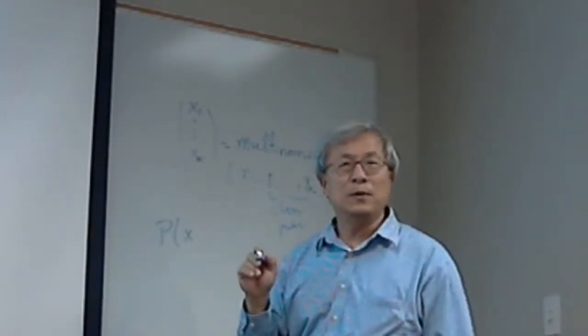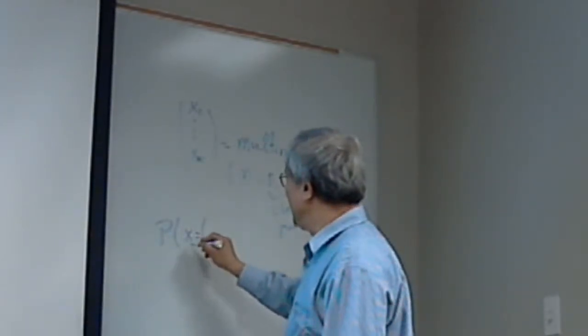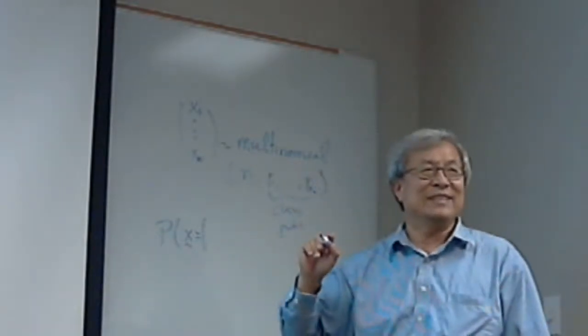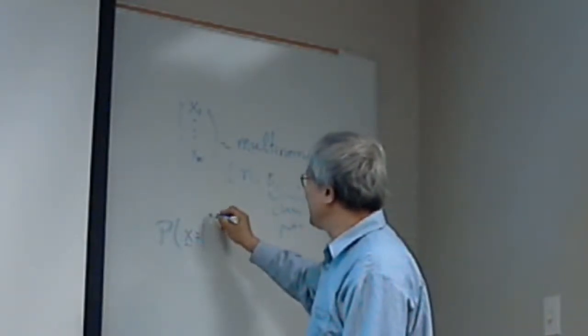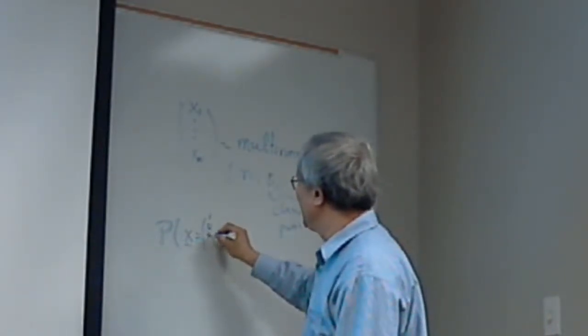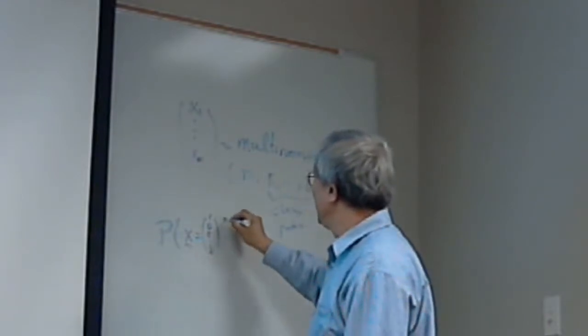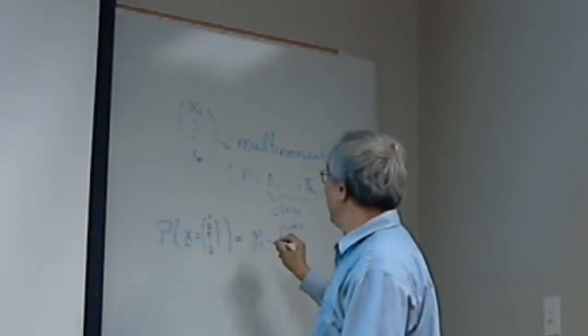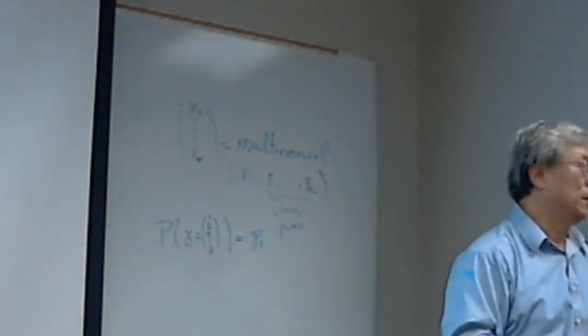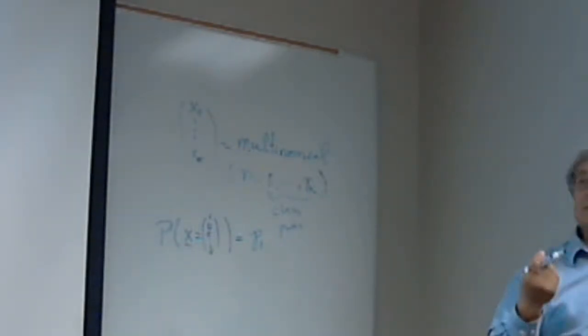Suppose I use that as a vector, much easier. Just take one example here: this is the class probability for any instance.